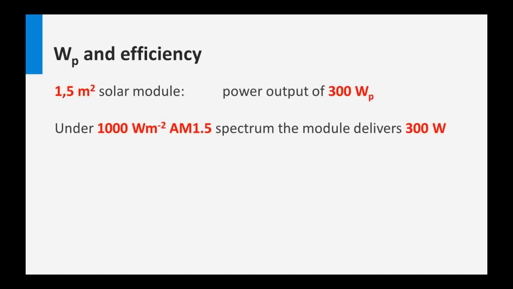This means that if we put this solar module under standard test conditions, which are 1000 watts per square meter at AM 1.5, the module would deliver 300 watts. So watt peak means the amount of power generated by a module or device under standard test conditions.